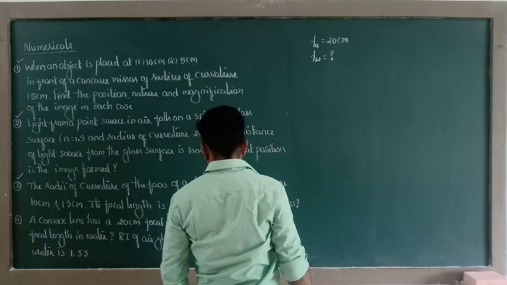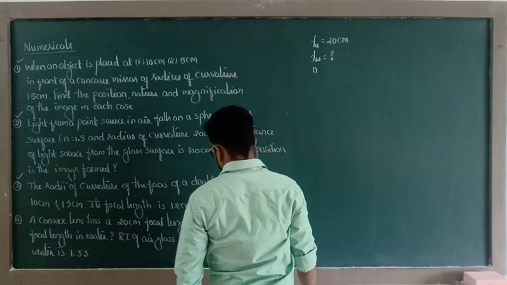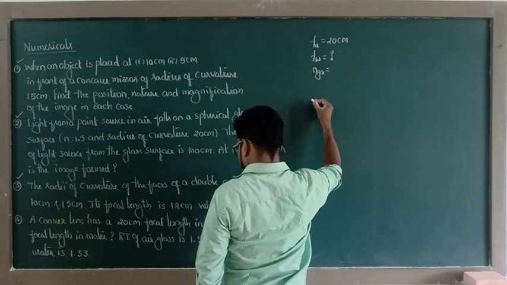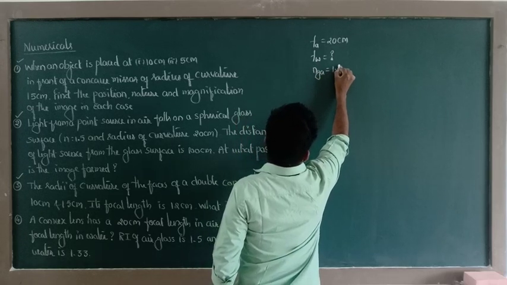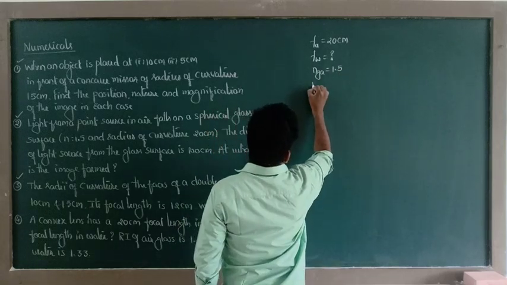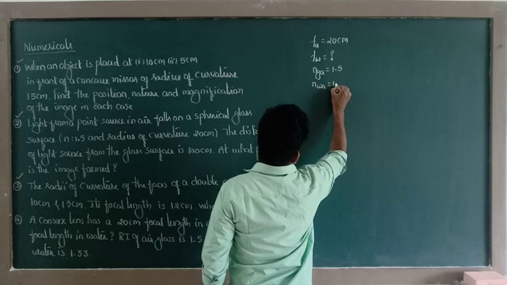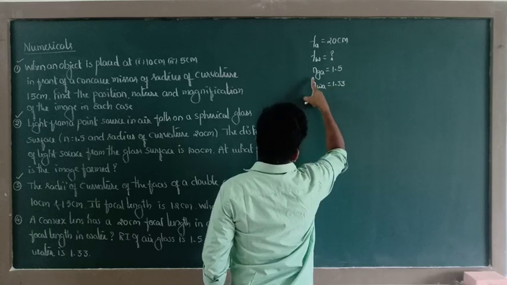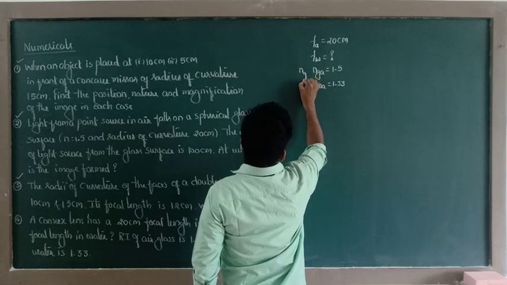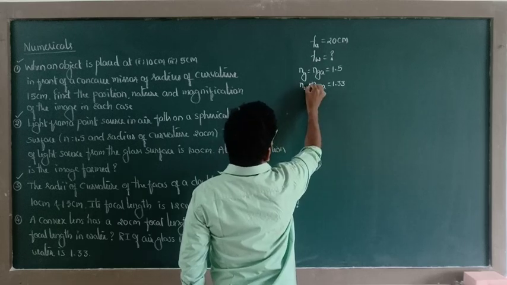The refractive index of air to glass is equal to 1.5, and the refractive index of air to water is equal to 1.33, that is Ng. So this is nothing but the absolute refractive index, both are same.